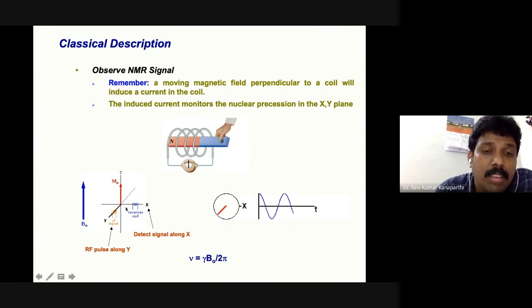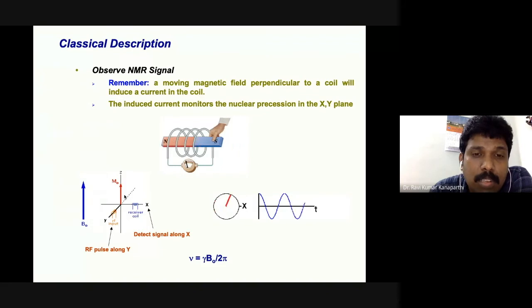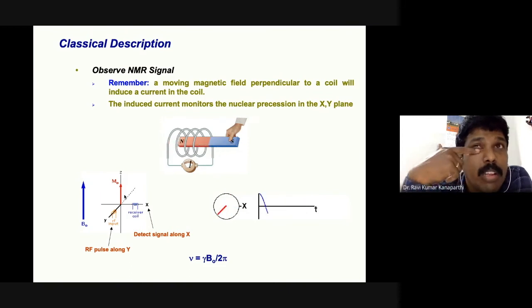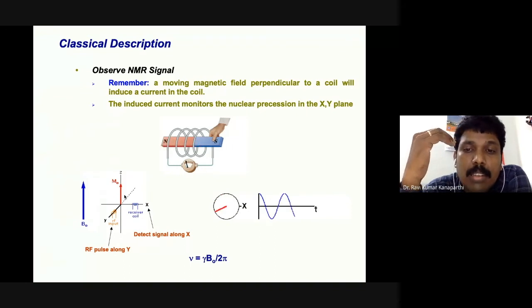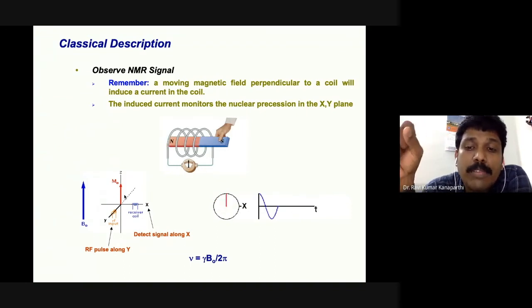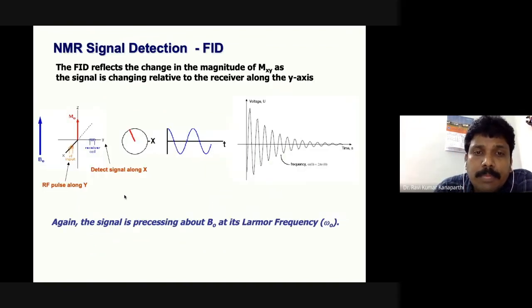M0 is our magnetization vector, which is under the influence of the pulse for a few microseconds, but afterwards it is stopped. That means it is freely decaying. Since it is freely decaying, in the nearby coil there will be a signal generation, that is, a current, which is amplified, and then the spectrum is generated.